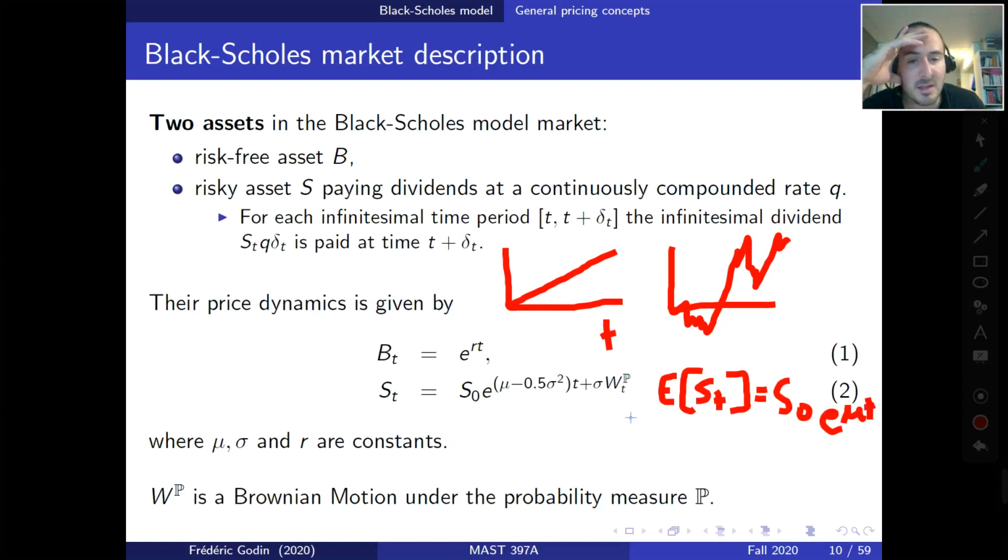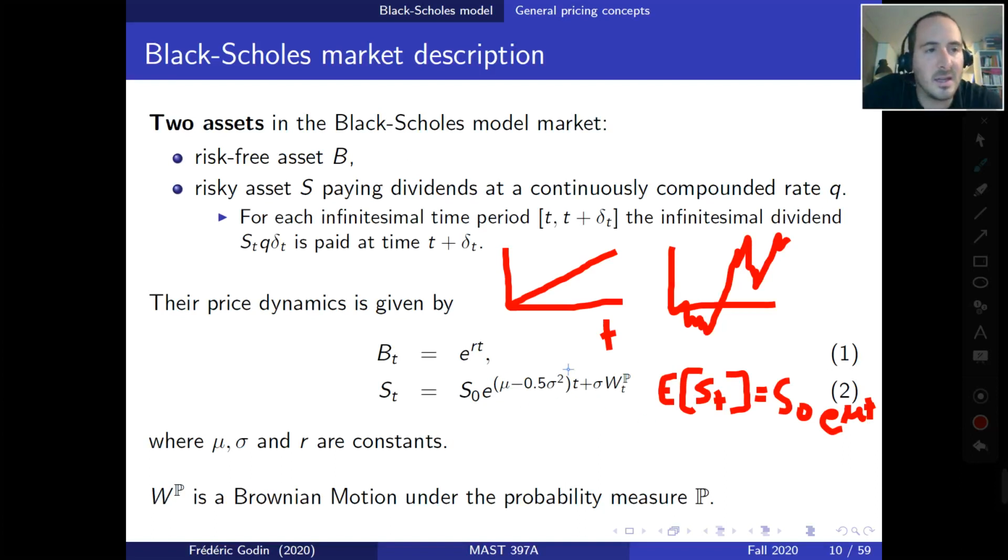Having this constant, where you subtract 1/2 of sigma square, allows you to get the following interpretation for the parameter mu. Mu is the average growth rate of the stock on a log scale. So this is why we have this constant here.